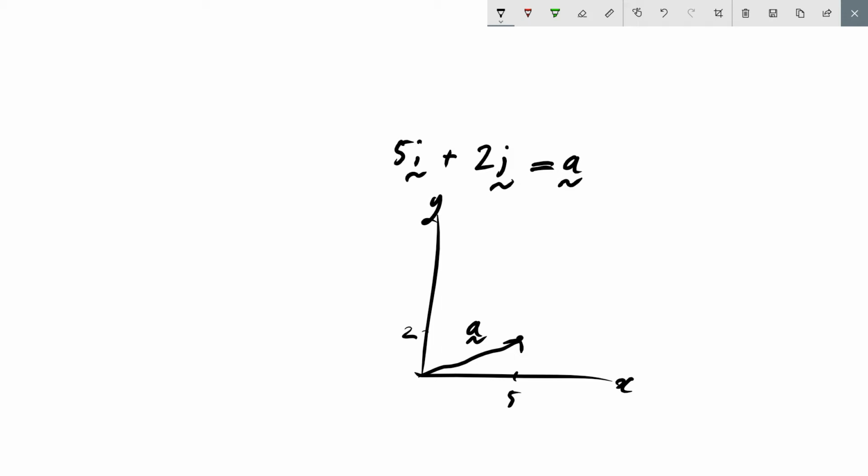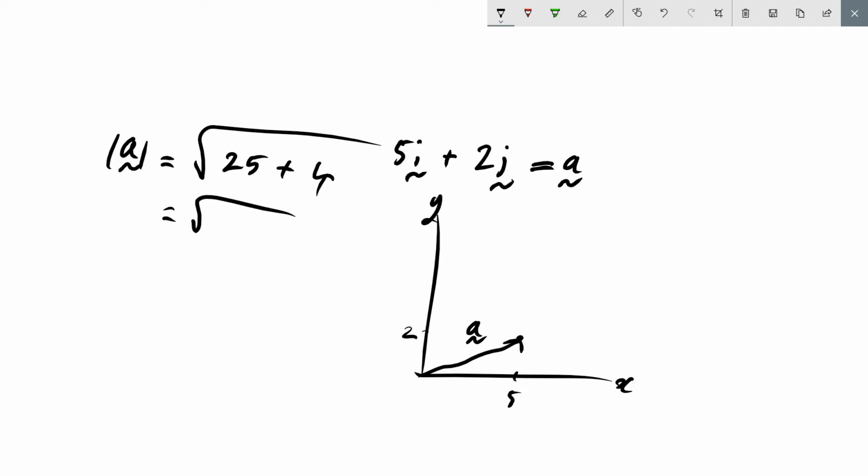Which then begs the question, what is the distance then? What's the magnitude? Well, all you have to do to work out the magnitude is think about Pythagoras. We have one side, we have the other side, just square root, and they're squares. So 5 squared is 25, plus 2 squared is 4, which will give me root 29, and that's the distance.